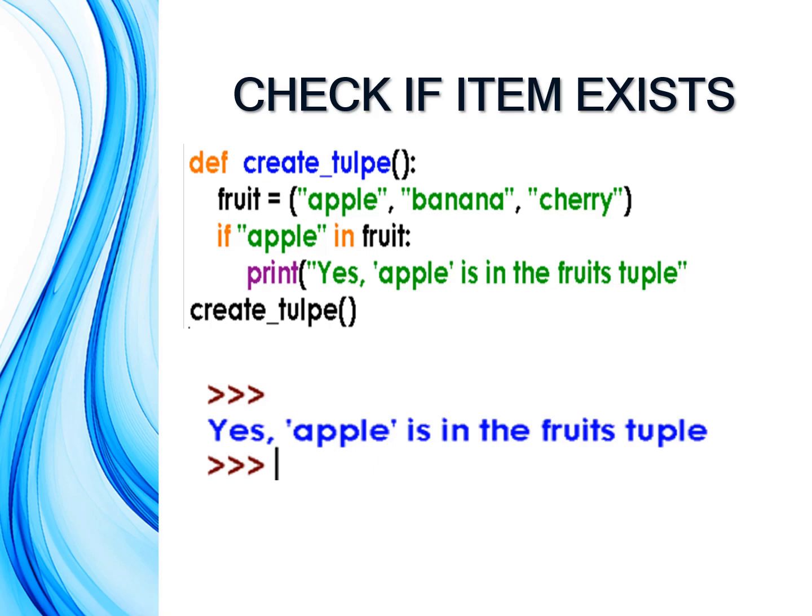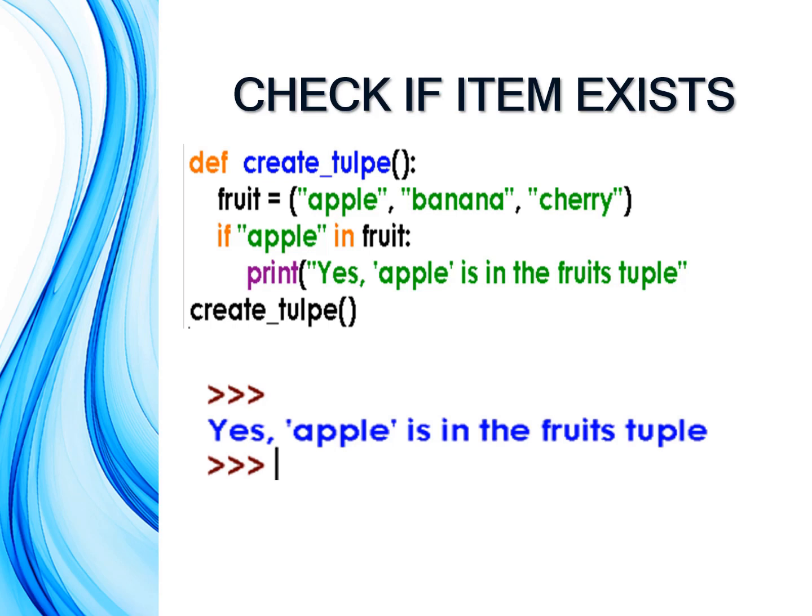That is, whether the item apple is present in the tuple or not. And in the next line we have a print statement. If this particular item, that is apple, is in the list of elements inside the tuple, then it is going to print yes, apple is in the fruit tuple. Otherwise it is going to come out of the loop.